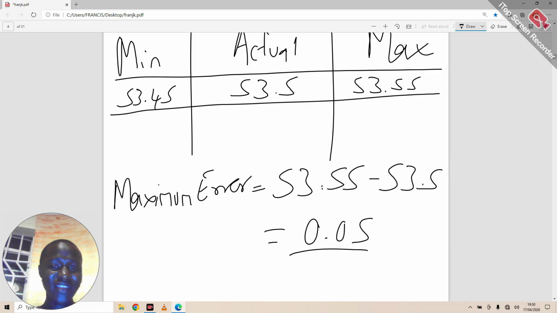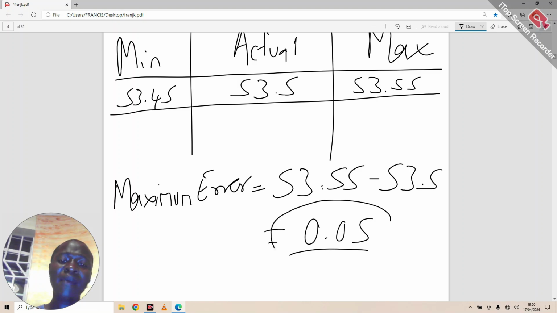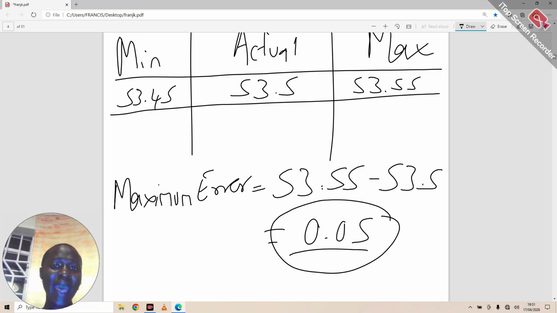I know that taking the procedure of 0.1, the accuracy, if I were not to follow this route of getting maximum error, 53.55 minus 53.5, I can still get the same number, 0.05, by taking maximum value minus minimum value, then I divide by 2.